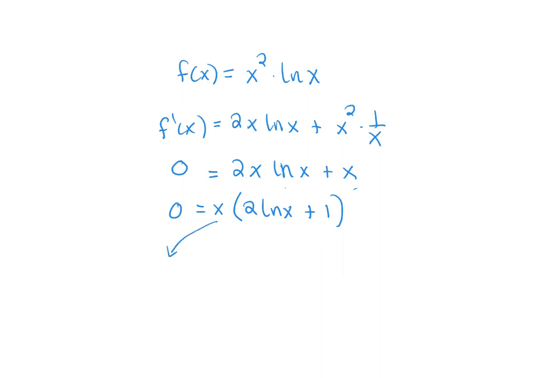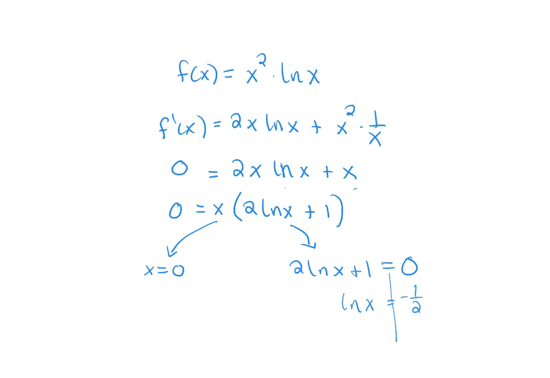Okay, so here I've got x equals 0, and here I have 2 ln x plus 1 equals 0. So let's see, solving a logarithmic equation, I'm going to subtract 1 and divide by 2. So natural log of x equals -1/2.